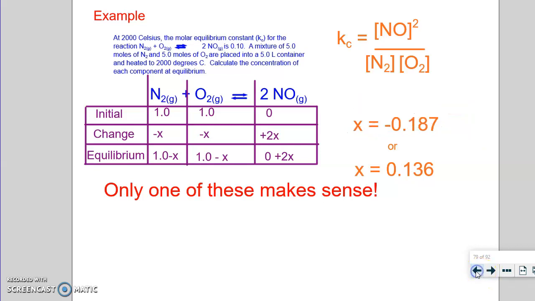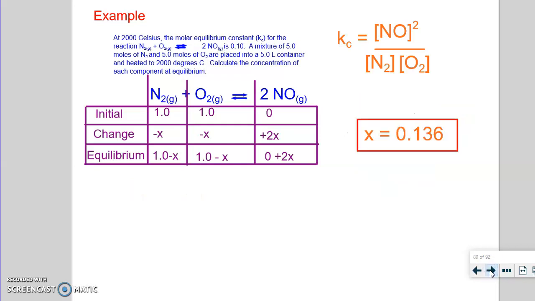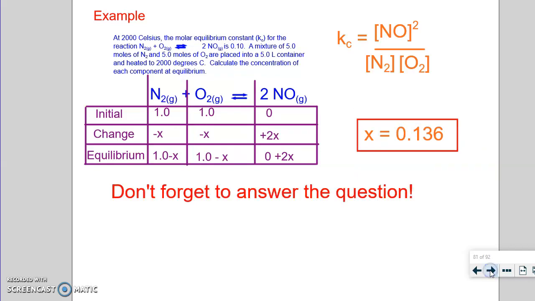Well, because if you look, negative 0.187 times 2 is how much NO concentration we have at the end. So according to the negative solution, we would have a negative molarity for NO. We would start with none, and then we would use some up, which is nonsense. It's impossible to use something up if you have none of it. So that one cannot be the answer. So only the 0.136 can be the answer.